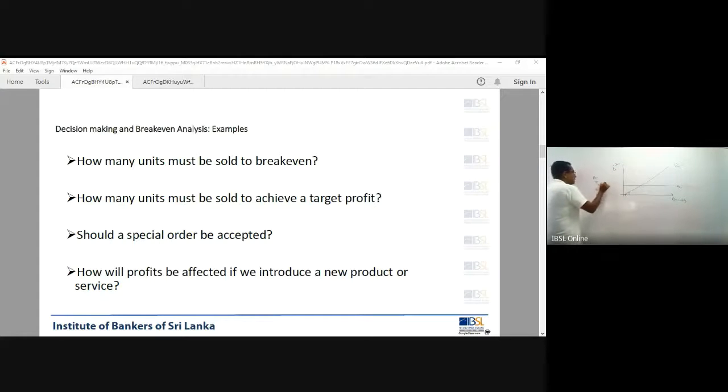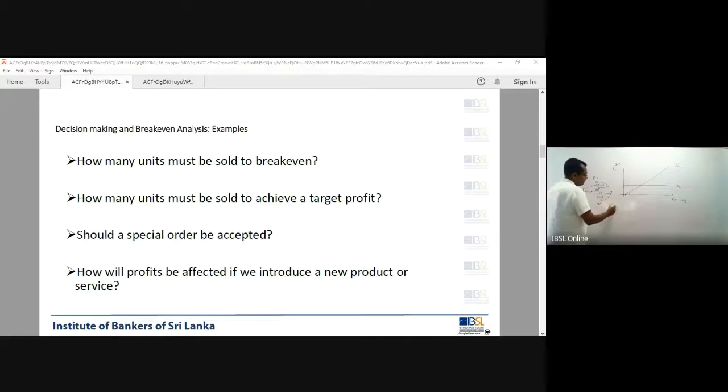This part goes on. Why? This is linked to the production. Right? This goes on like this. Then we need to know the total cost, which is direct cost plus fixed cost.